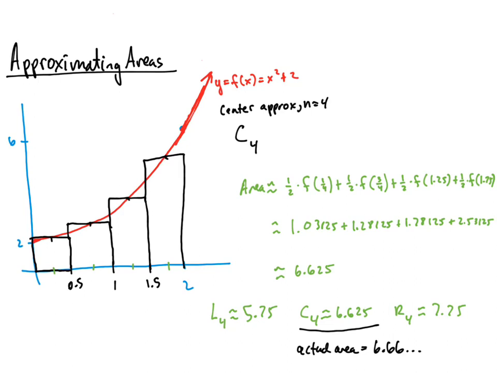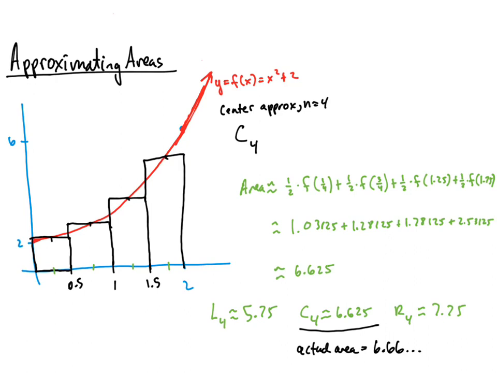And I should say that a center approximation is not always going to be the best approximation of these three. It happened to be the best approximation here because the function was always increasing. If we ever have a function that is exclusively decreasing over the interval we're looking at, the center approximation will also be the best.